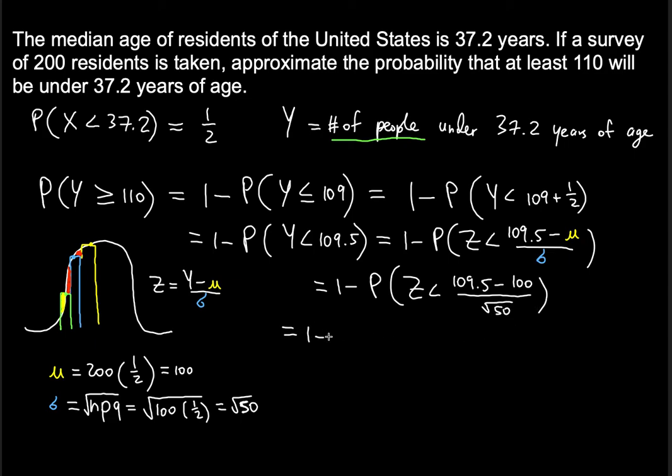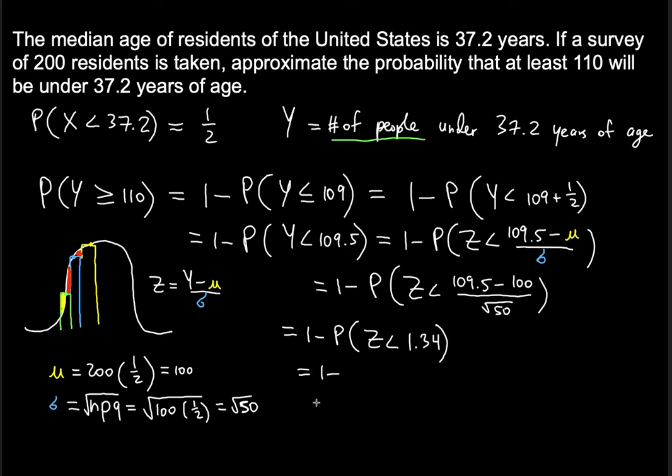Okay, so that's going to be 1 minus the probability of z being less than, and this thing is equal to 1.34, and I'm rounding to 2 decimal places because we're going to use a z-table, and the z-table has values for z rounded to two decimal places, right? So I'm not using the complete calculator answer, I'm rounding it to this.